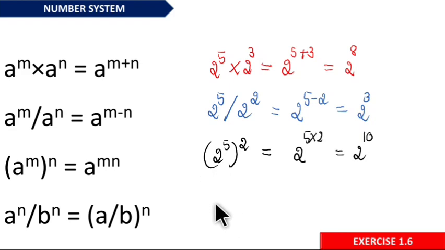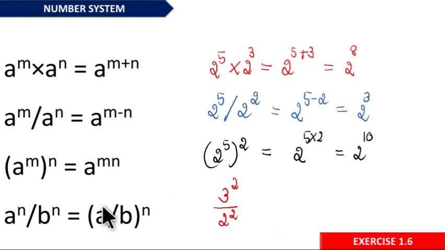What is the meaning of this law of exponent? Here the base is different, the power is the same, and we have division. So the base is different. Write any two numbers, 3 to the power 2 and 2 to the power 2. Here a is different, b is different, but the powers are the same.